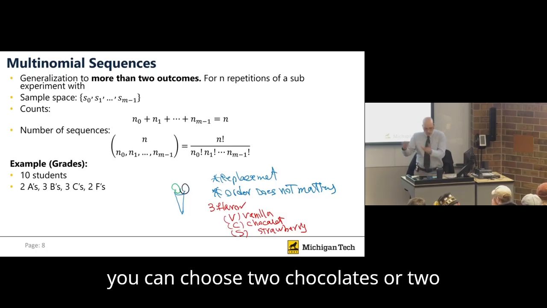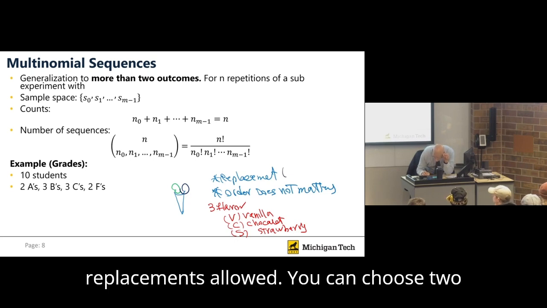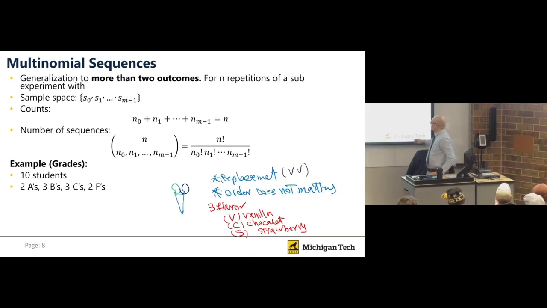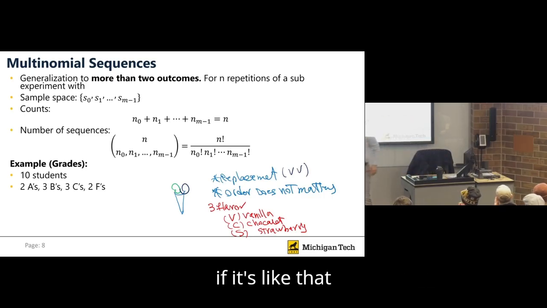But you can choose 2 chocolates or 2 vanilla, okay? So what that means is replacement is allowed. You can choose 2 vanilla. So replacement allowed. Order doesn't matter. Doesn't matter if it's like that or the other side.